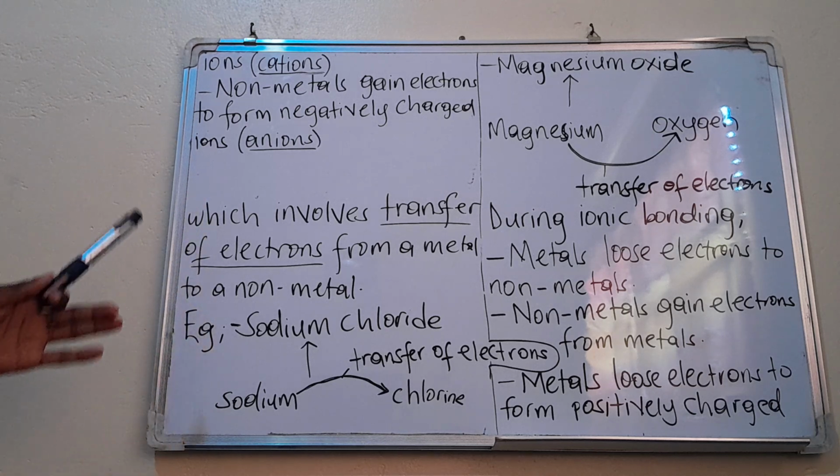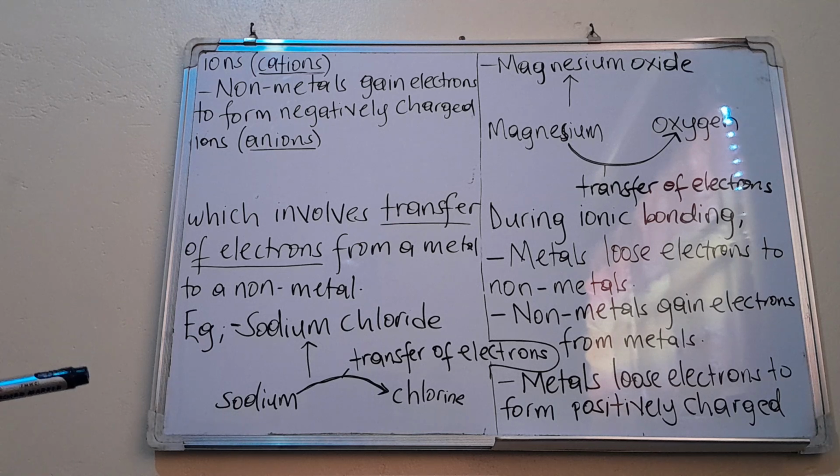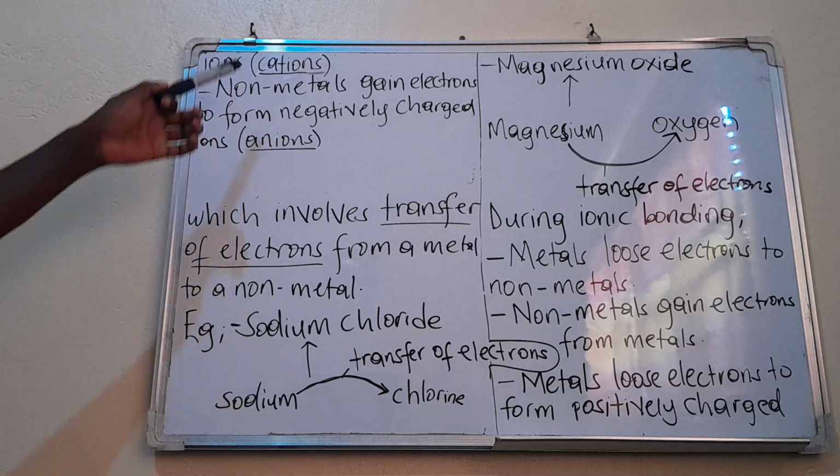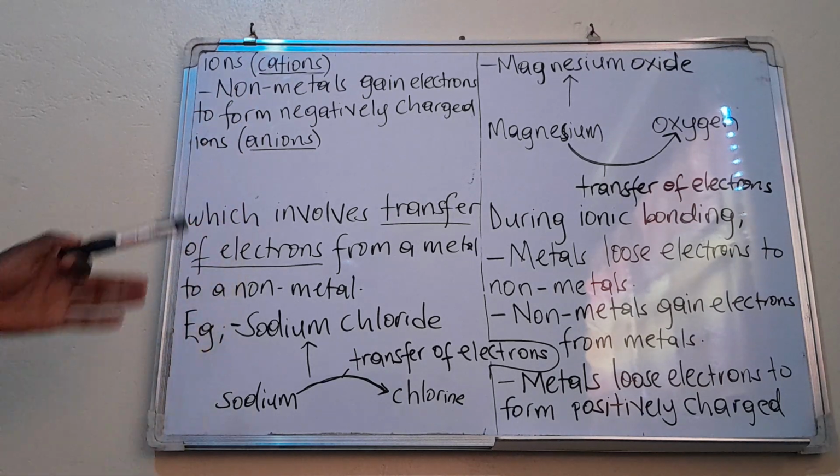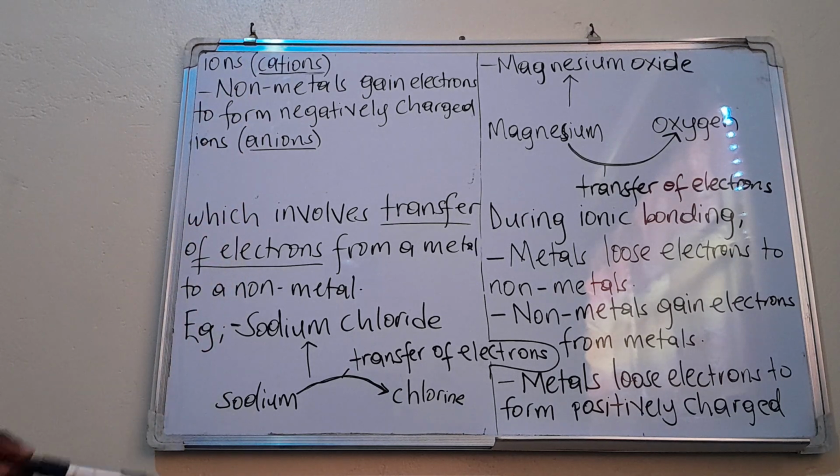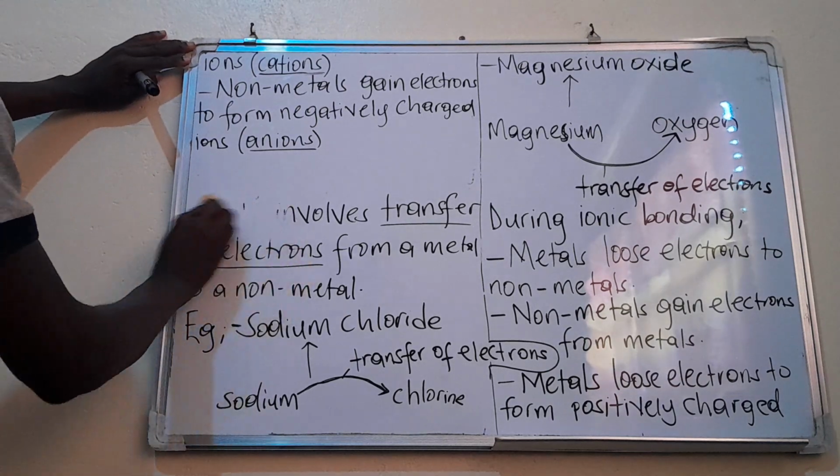So positive, negative. There must be a force of attraction. Since we have positive ions and negative ions, there must be a force of attraction binding the cations to anions. That force of attraction is known as an ionic bond.